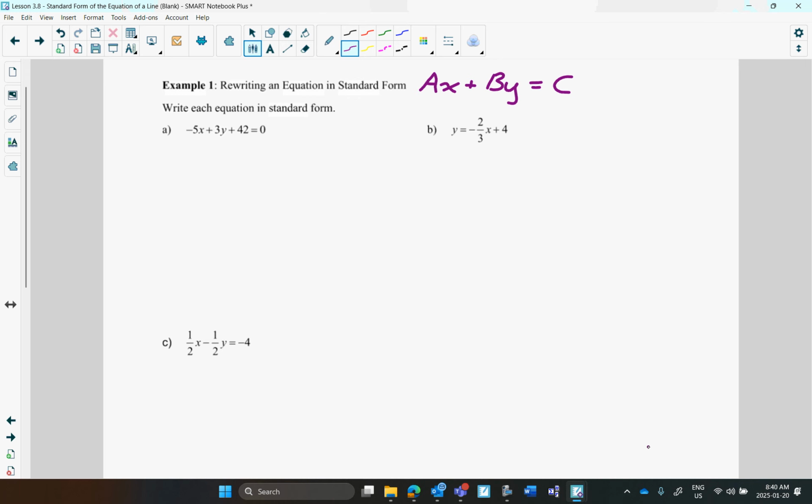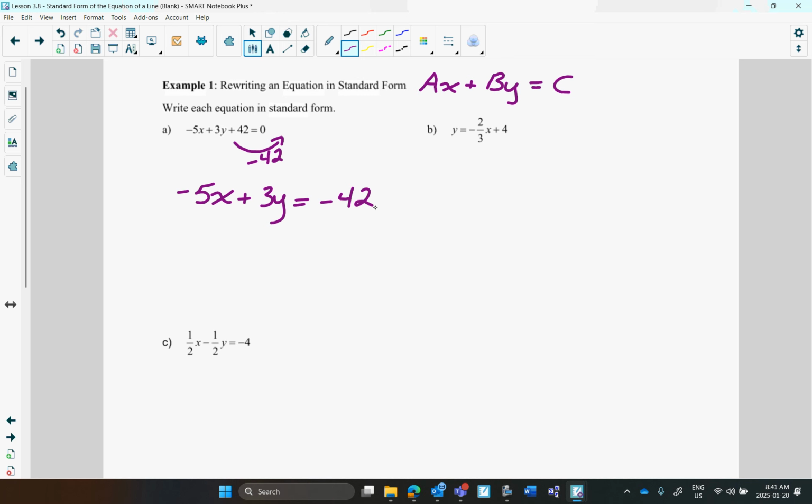For the first example, everything's on the left. So what I have to do is take the 42 over to the other side, because the number has to be on the right-hand side. And I do that by subtracting 42. And that will leave me with negative 5x plus 3y equals negative 42.